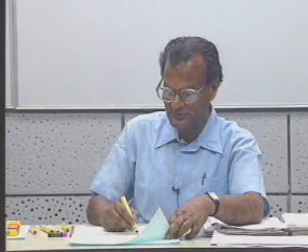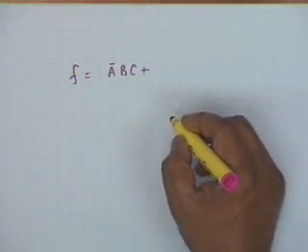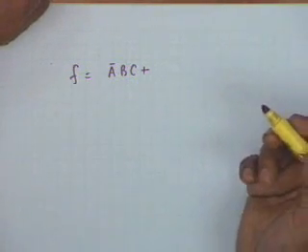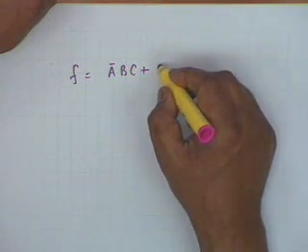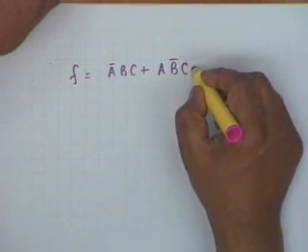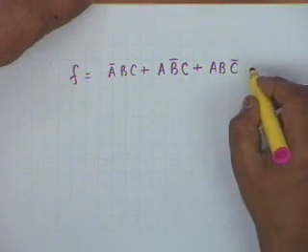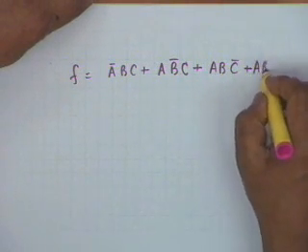And therefore, my F shall be equal to A bar B C plus, which means an OR, the next is A B bar C, the next is A B C bar, and the 4th one is A B C.